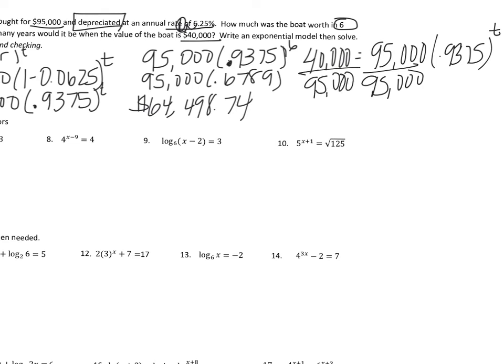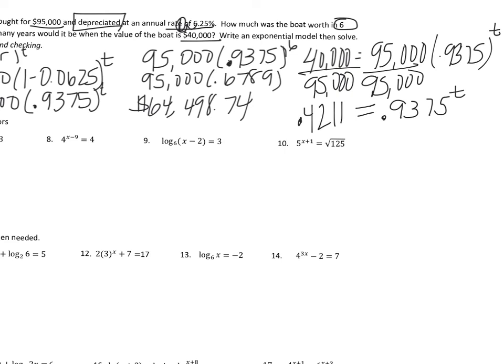And when I do that, that equals 0.9375 to the t power. And 40,000 divided by 95,000 is 0.4211.